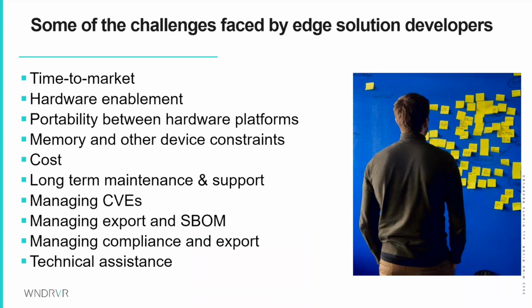Now, for someone who's developing an edge solution, there are a lot of issues they have to worry about. Obviously, time to market is one of the big ones. How long will it take me to get my solution developed, deployed, and in the marketplace so that I can compete? There's hardware enablement. That's one of the key factors that comes into what Wind River does.